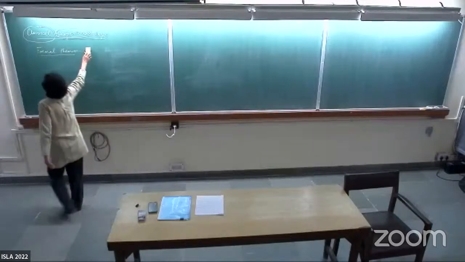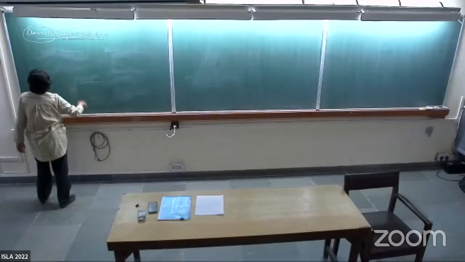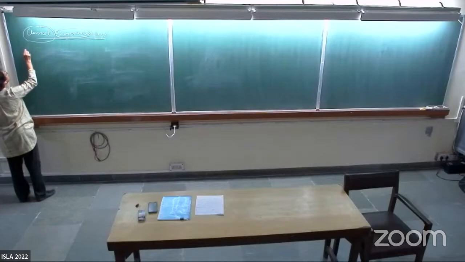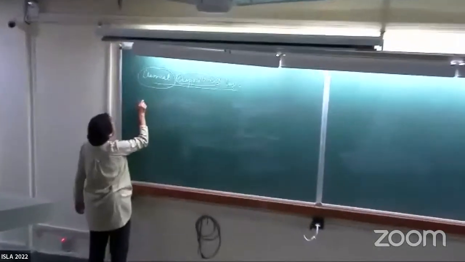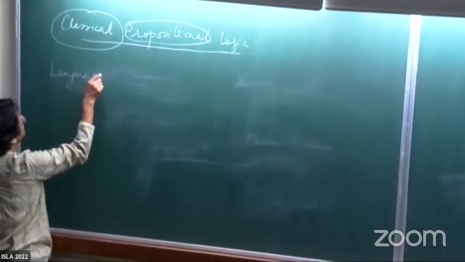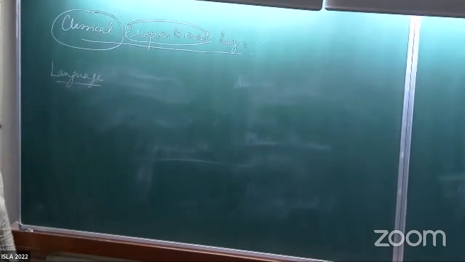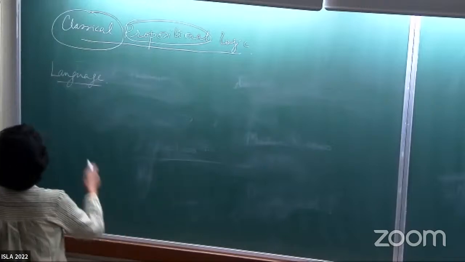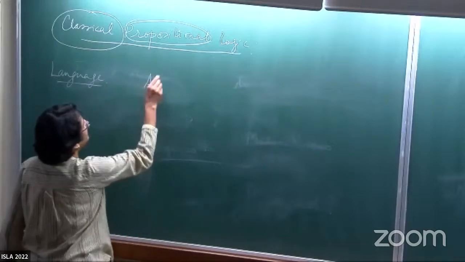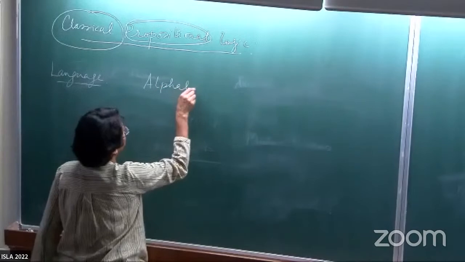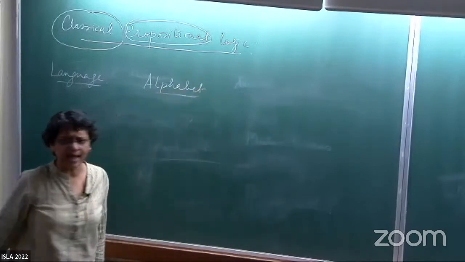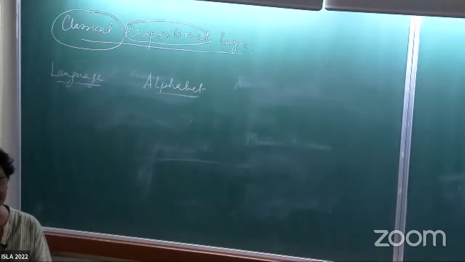All right, so let's begin with the language. If I want to talk of some statements and reason with them, I'd better pinpoint what the language is, how I express my statements. So I need that formal language in place. The formal language, like our natural language, will have an alphabet, like our ABCs.